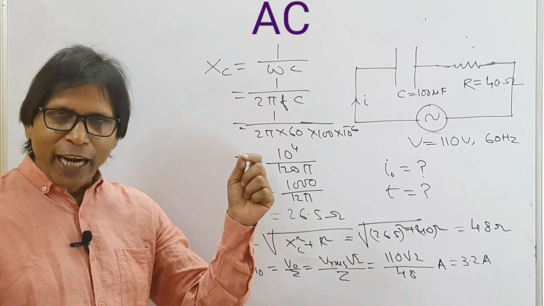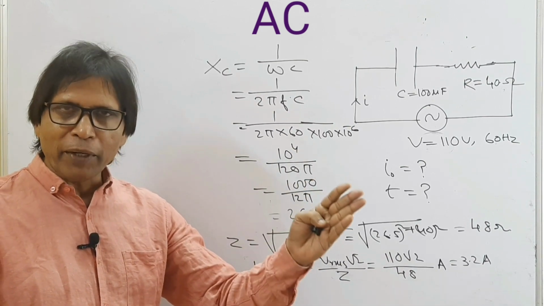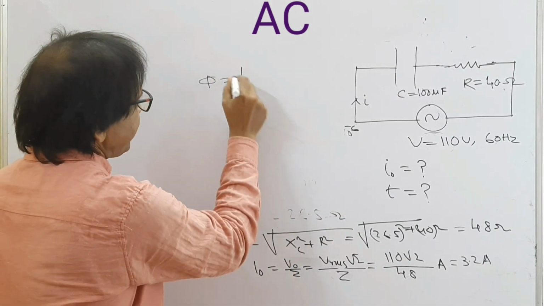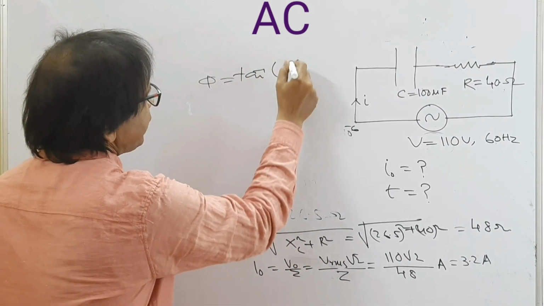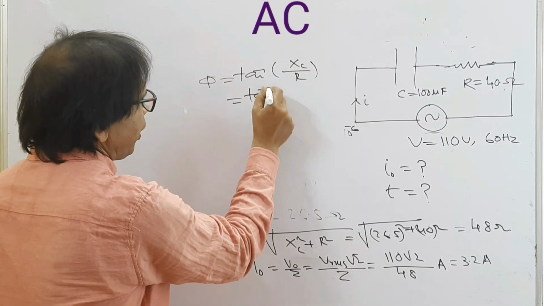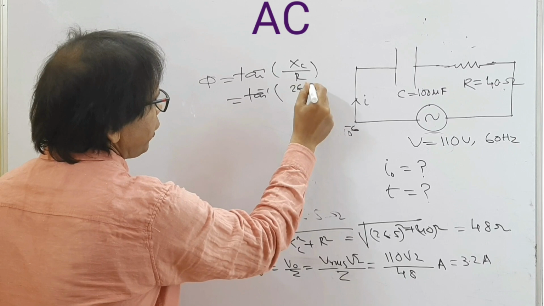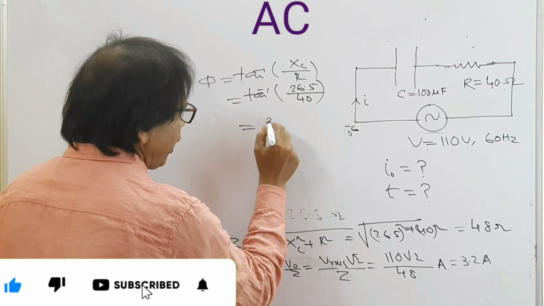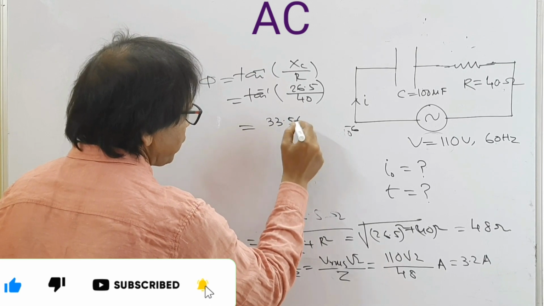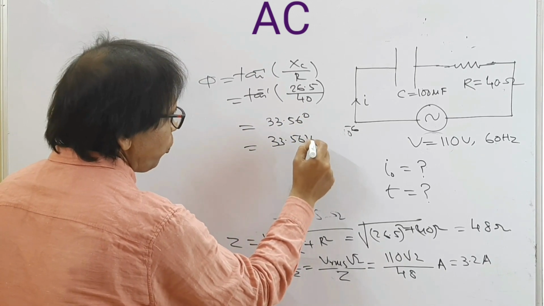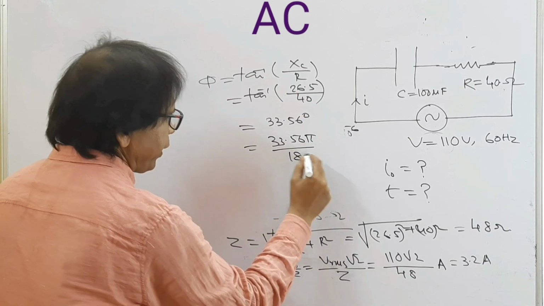Okay. Now the time lag between the maximum current and maximum voltage. So phi equal to tan inverse XC divided by R. Now look at this, tan inverse of XC, 26.5 by 40. Okay. So this is 33.56 degree. That is 33.56 into pi by 180 radian.